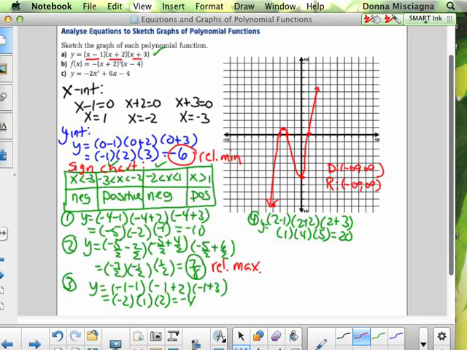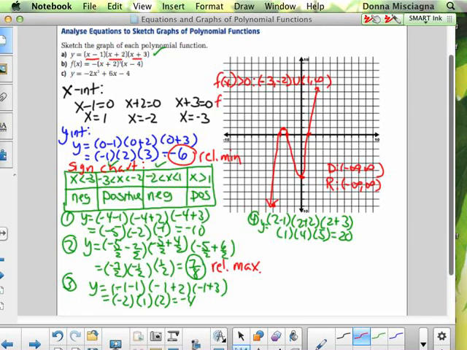We can also analyze where the function is positive and where the function is negative. So our function is positive from -3 to -2, and then again from 1 to infinity, where it's above the x-axis.